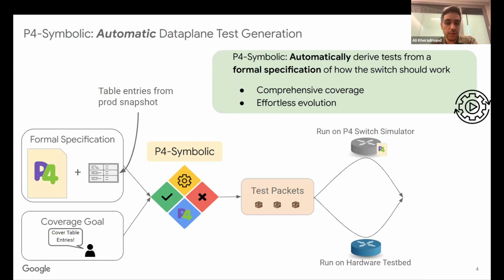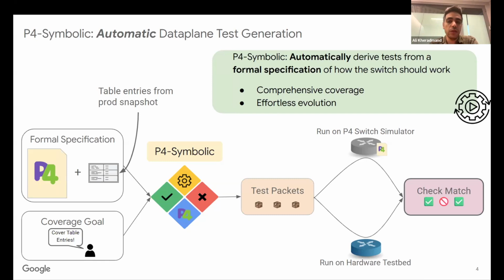Second, we take the same table entries and the P4 specification, and we use a P4 simulator, for example, BMv2, and inject the same packets into that simulator as well and collect the output as the expected output. And then we compare the expected and actual output that we got from the actual switch. If there is any discrepancy between these two, we report this discrepancy for further investigation.